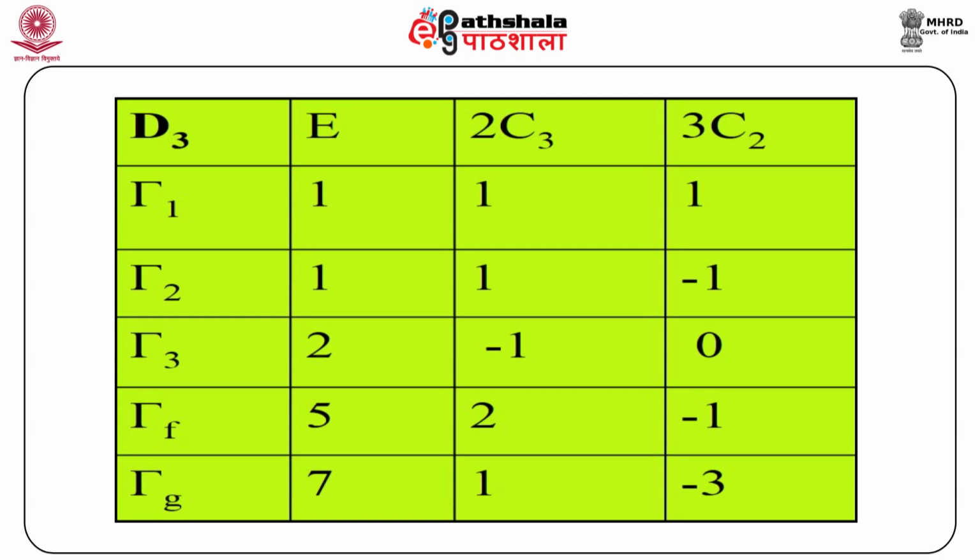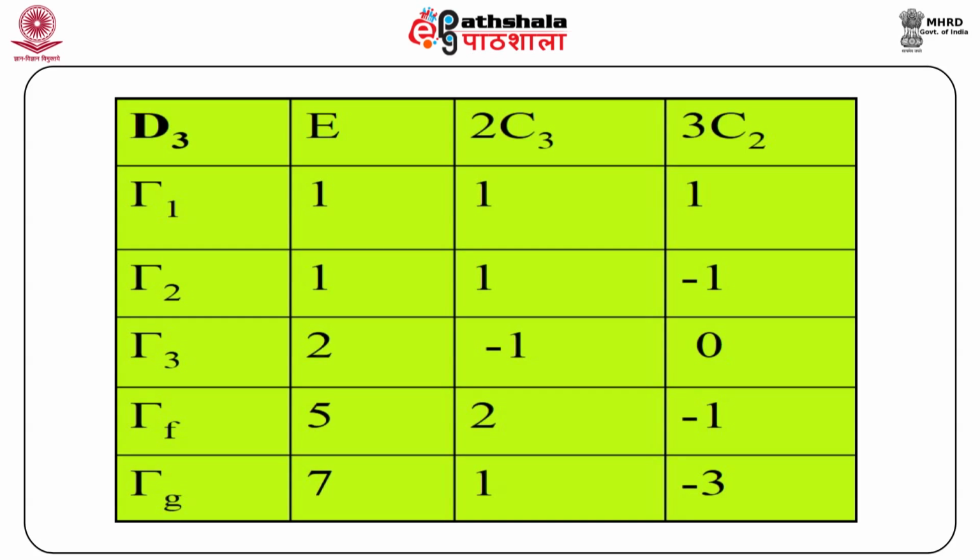I just label these irreducible representations of the D3 point group as tau 1, tau 2, tau 3. That is, these are the three irreducible representations of the D3 point group. So, my aim now will be to reduce the tau F and tau G reducible representations into these irreducible representations.